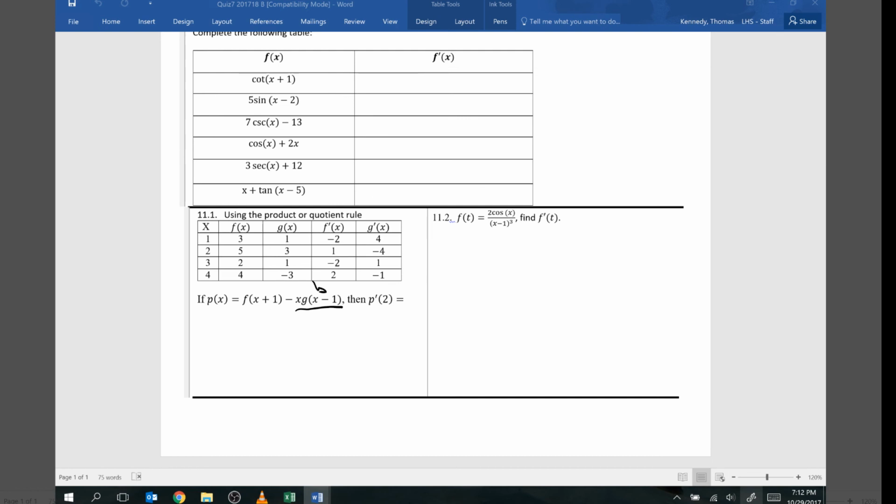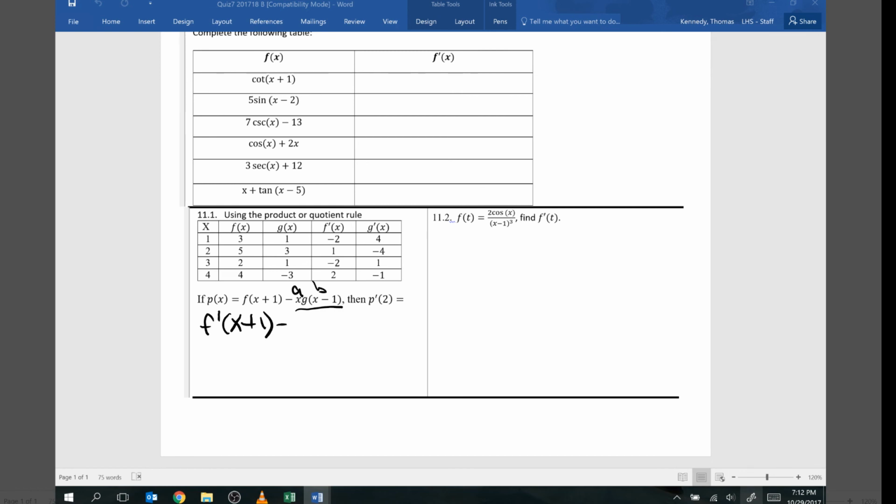That's not A. What is A is the x here. It's an x times g of x minus 1, so they're both x things, and they're multiplied, and that's a product rule situation. So the derivative of f of x plus 1 is f prime of x plus 1.